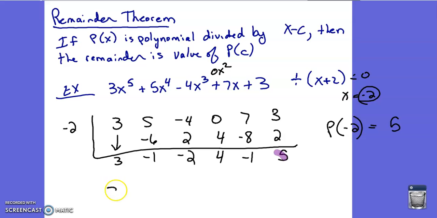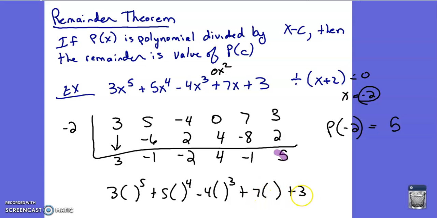If I put 3 blank to the 5th power plus 5 blank to the 4th power minus 4 blank cubed plus 7 blank plus 3, if I put -2 in for x, I'm going to get 5. So that's really what this is: if I take p of -2 and end up getting 5 as the remainder, that's the same thing as if I plug -2 into the function.